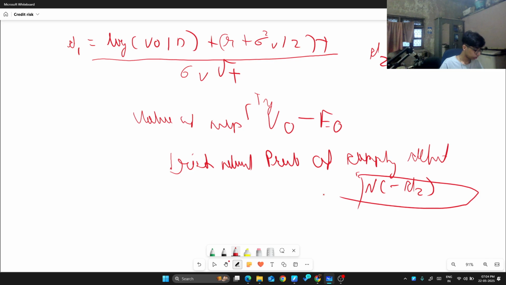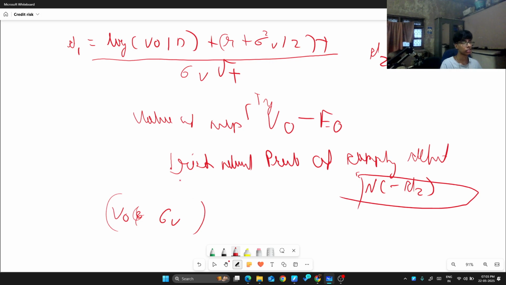Okay, and now we have to find V0. The thing is, the rest is observed from the market. V0 and sigma V cannot be observed from the market, the rest can be observed.